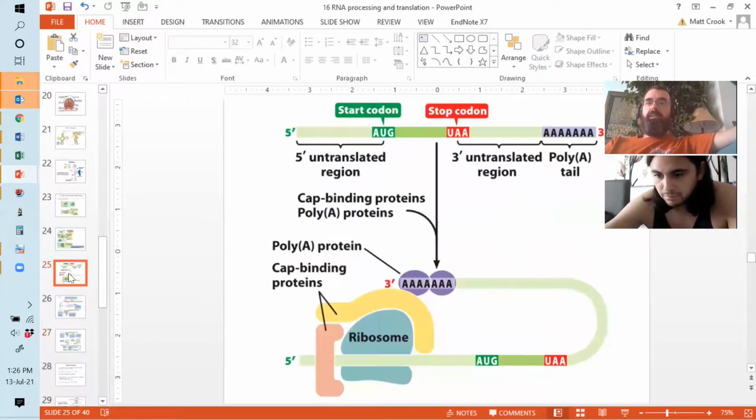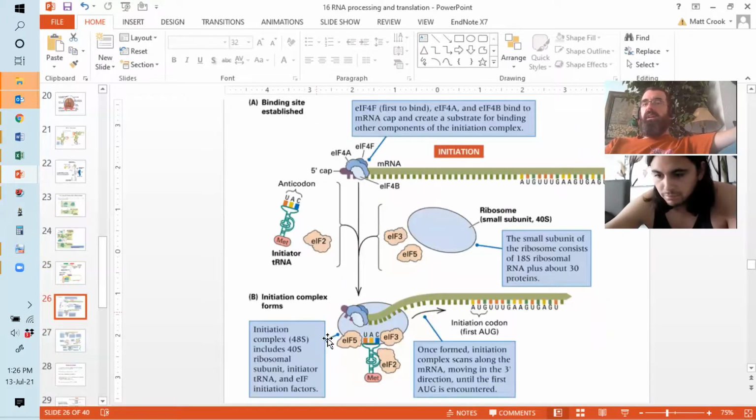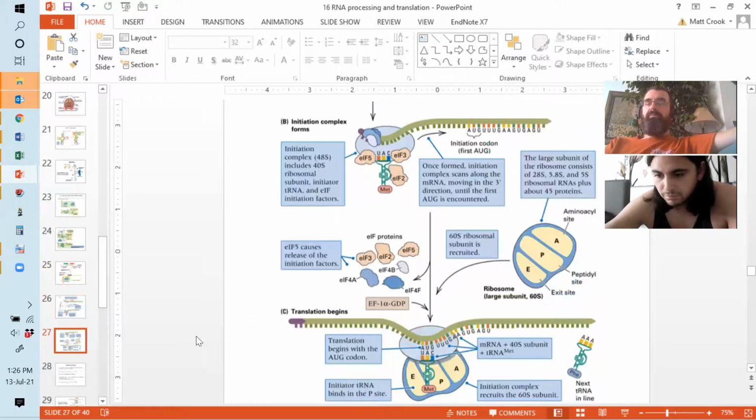And as you see up here, the poly-A binding proteins help the assembly of those cap binding proteins and the small subunit, the initiation complex, which you see down here. So similar kind of principles, right?